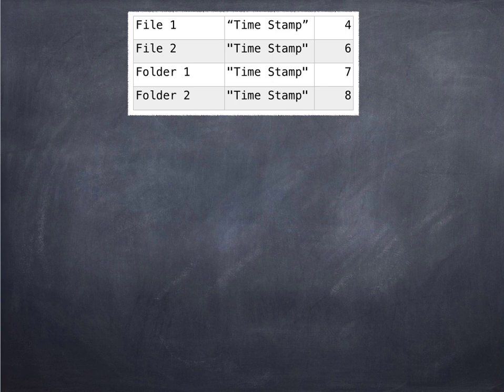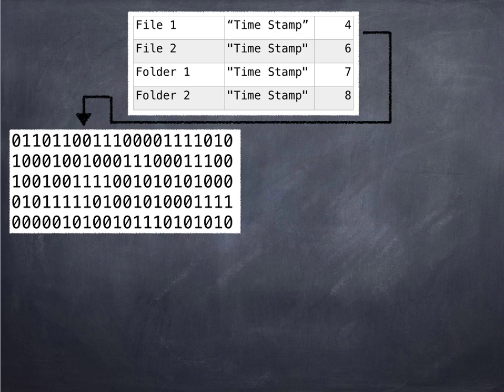Now, if we were to follow, let's say, the file 1 directory listing, if we were to go to cluster 4 to see what's there, what we would actually find would be the contents of file 1. Whether it's text or colors or whatever it is, that's what we would find in file 1, or in cluster 4 in this case.